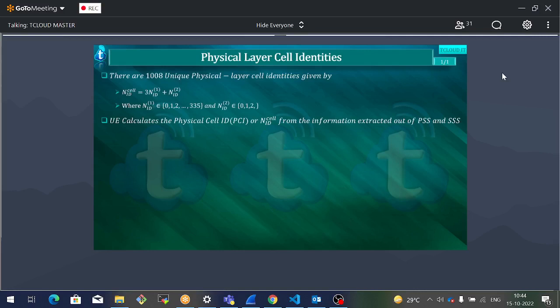NID1 values range from 0 to 335. Based on what sequence you have received, you calculate the NID1 value from SSS. And based on one of the three possible PSS symbols, you calculate NID2. So substitute these numbers into that formula, and you get a value ranging from 0 to 1007 maximum. If you substitute both zeros, it will become 0.